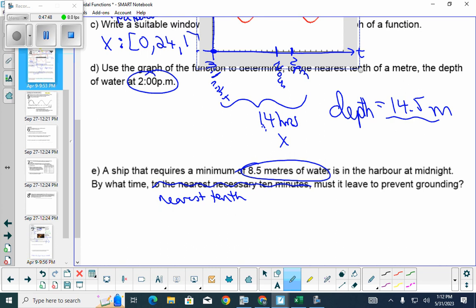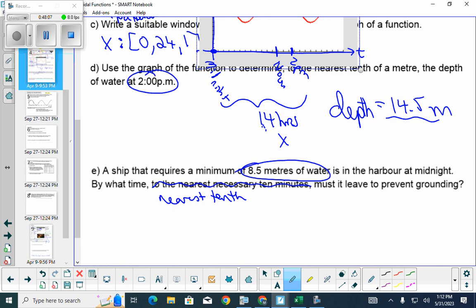Now, on the diploma, they will tell you what grounding means. Grounding is when the water is too low for the boat to stay floating, and what it literally does is hit the ground, the base of the ocean. Think of it as high centered.